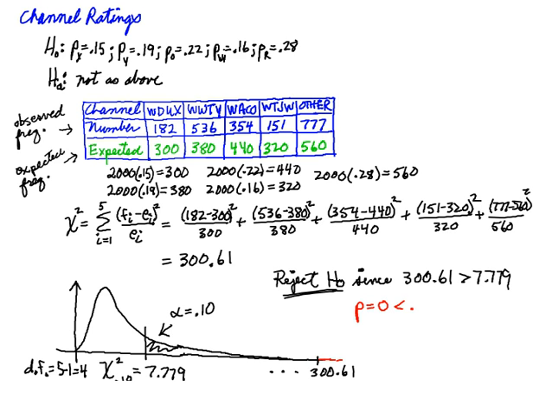Always compare the p-value to the level of significance, and again, I will always conclude the same thing regardless of how I'm running the test. And I would say yes, a big yes.